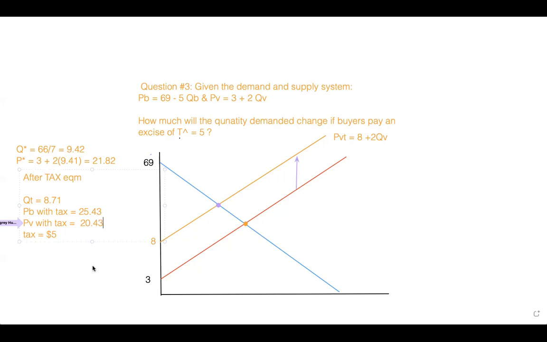And then they're going to keep the remainder, which is going to be the price that they actually receive for their good. So you just subtract the tax off of the buyer's price with the tax.